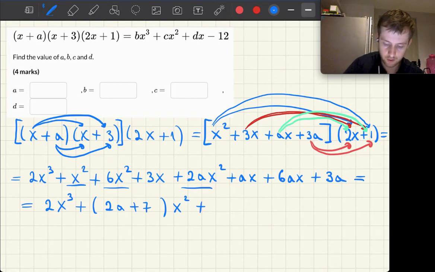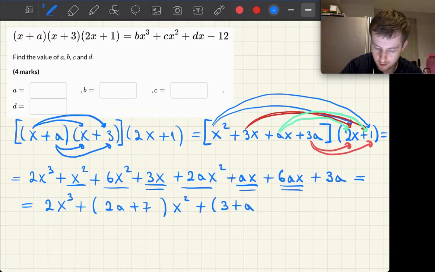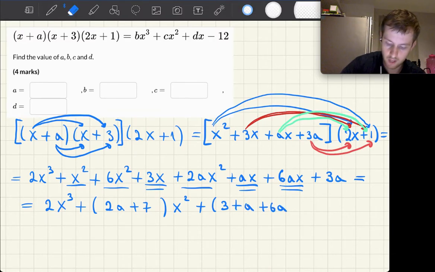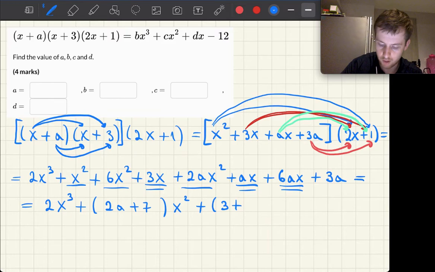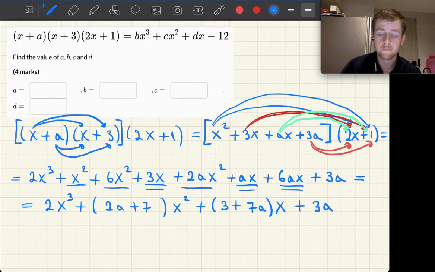Then for x, we have x here, here, and here, so that's x to the power 1: 3x, ax, and 6ax. So that's going to be 3 plus a plus 6a. Notice that a and 6a together become 7a, so 3 plus 7a times x. And then finally plus 3a.